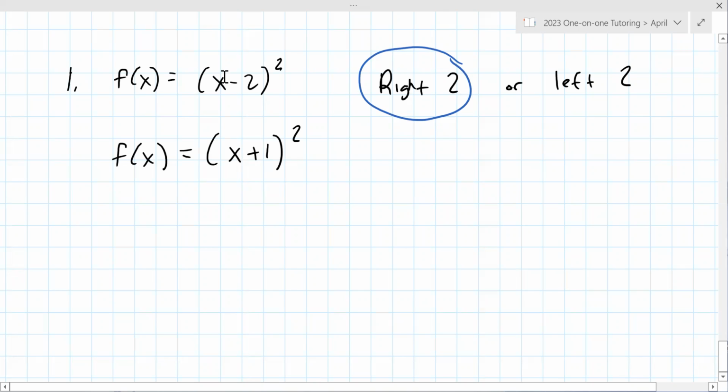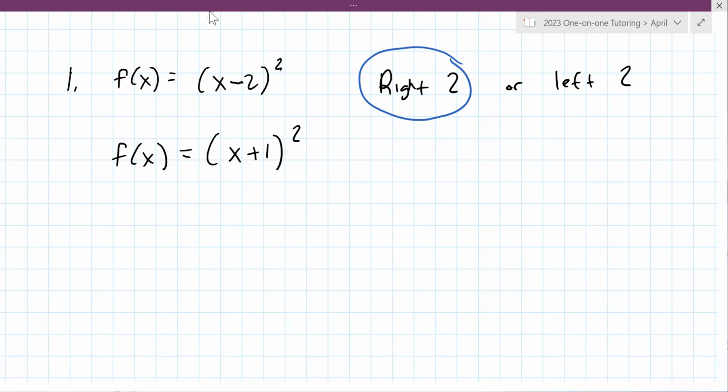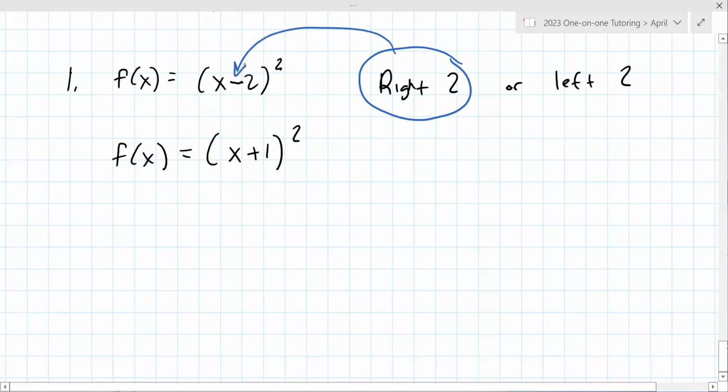Why was the first one right though? It's because of the negative that it's to the right. Yeah, see how there's a negative here? That's why it's right.